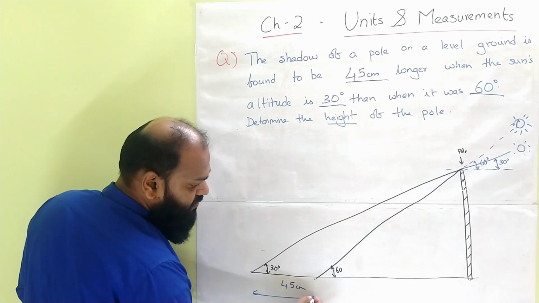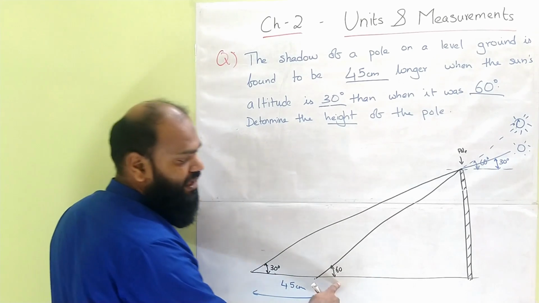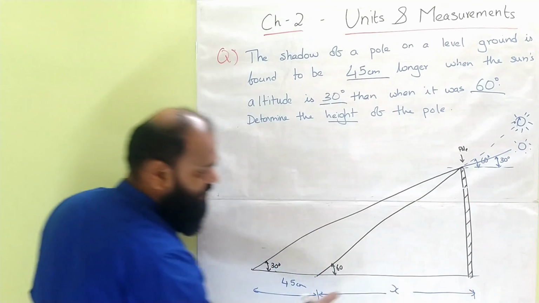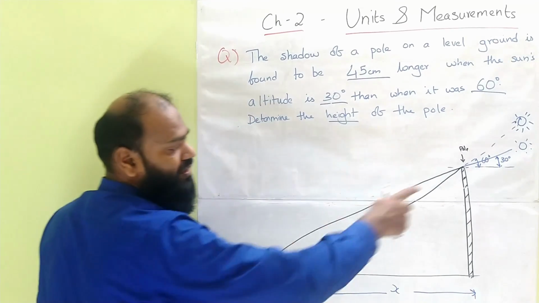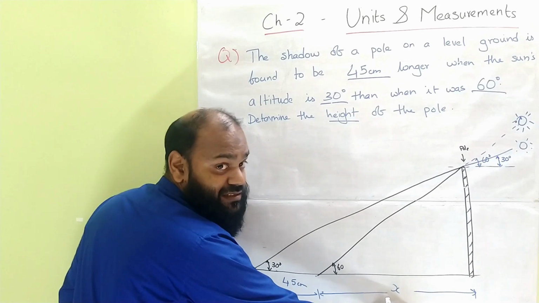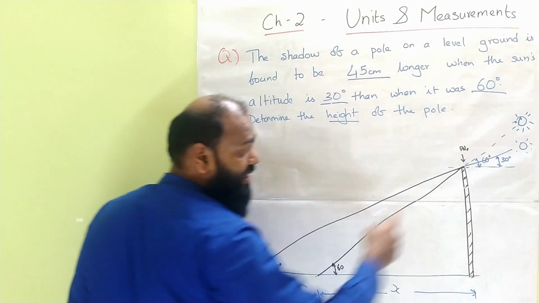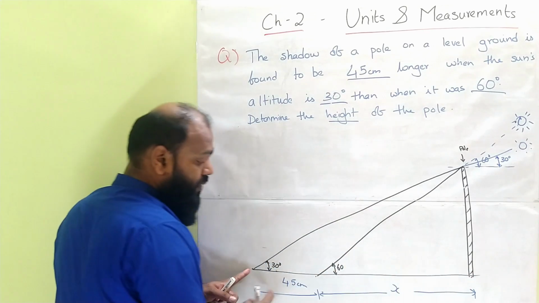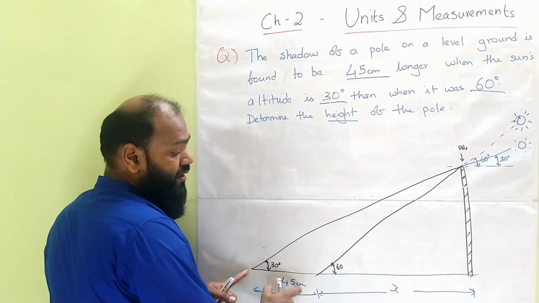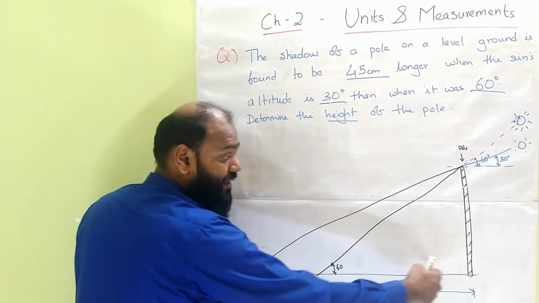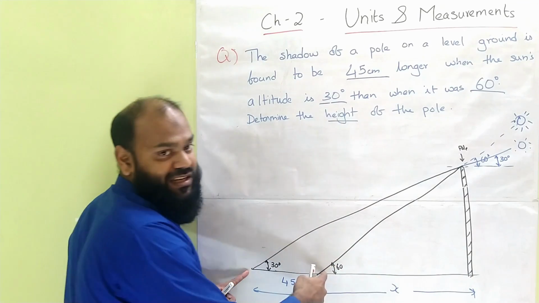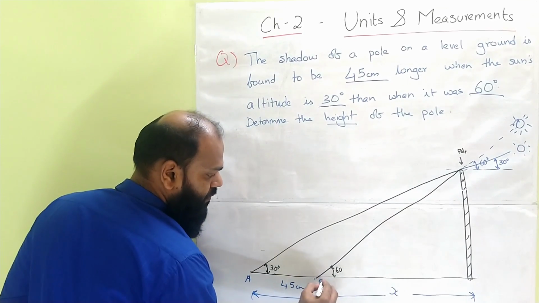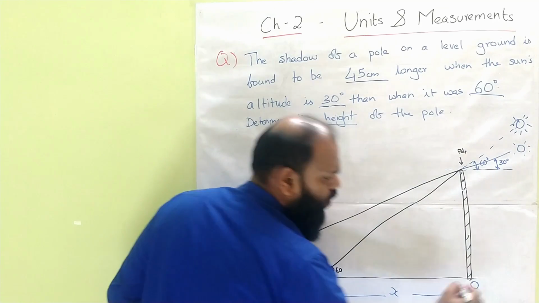When it was 60 degrees, it was slightly shorter, so let me mark this distance as x. When the sun was at 60 degrees, it was x. When the sun is at 30 degrees, the shadow is 45 centimeter more than at 60 degrees. Let this point be A, this point be B, and this point be O.